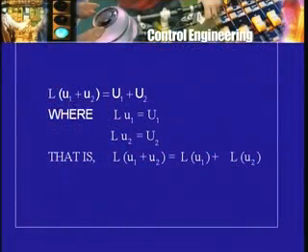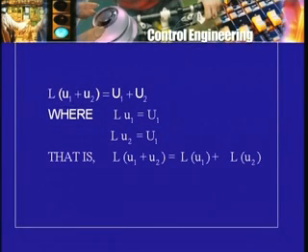Now if I want to talk about L of u1 plus u2, then again I must talk about the region of convergence of u1 plus u2. So the result that I am going to write has to be understood correctly: it is only for complex numbers s which belong to the region of convergence of all the functions that are involved.